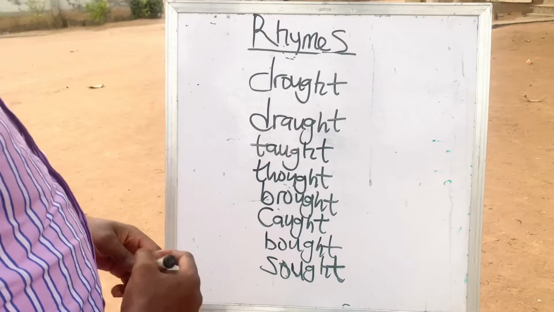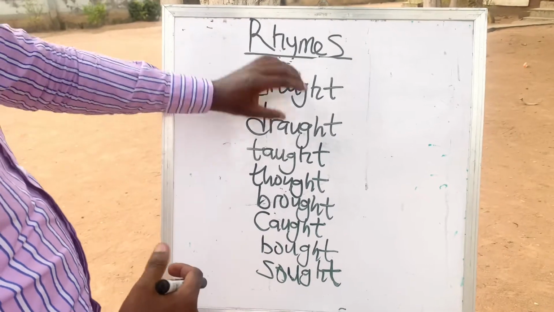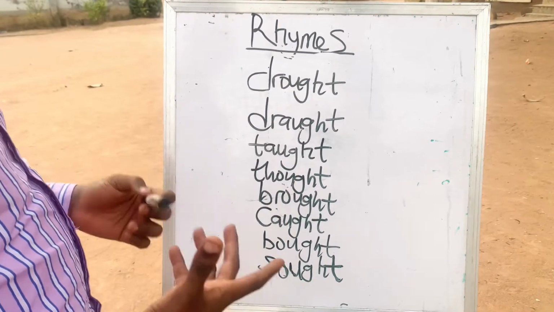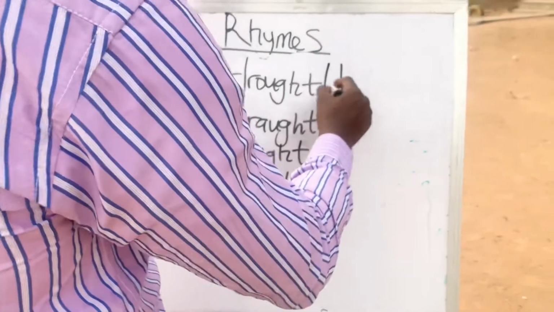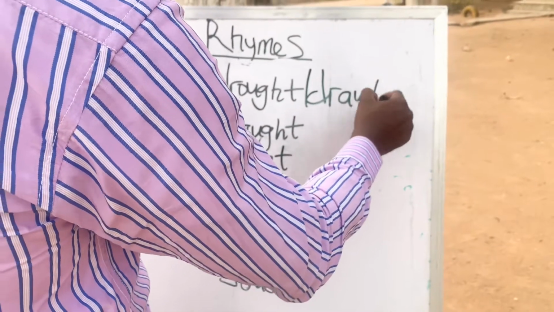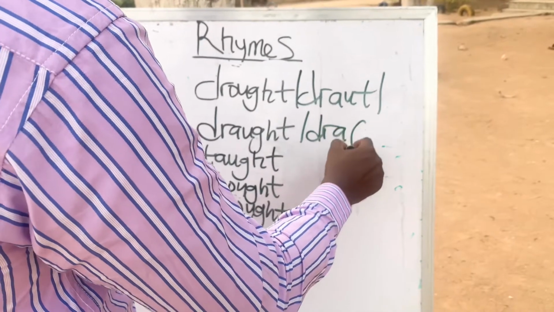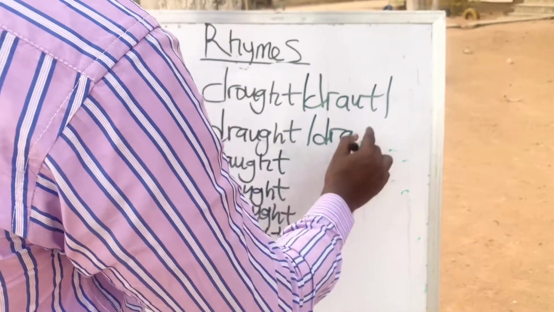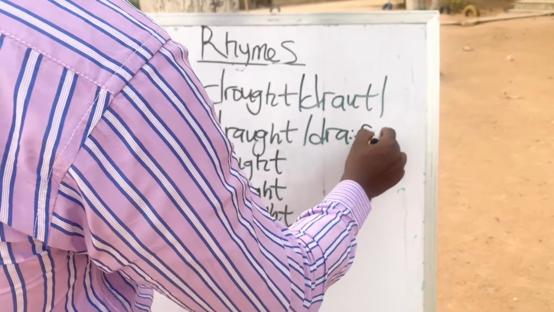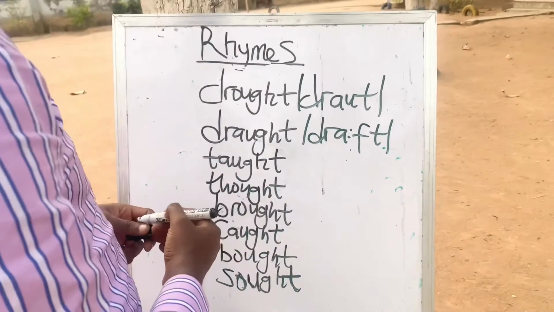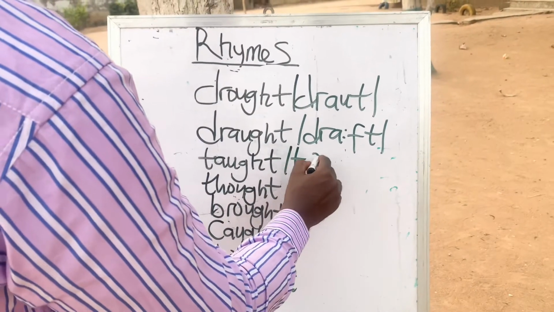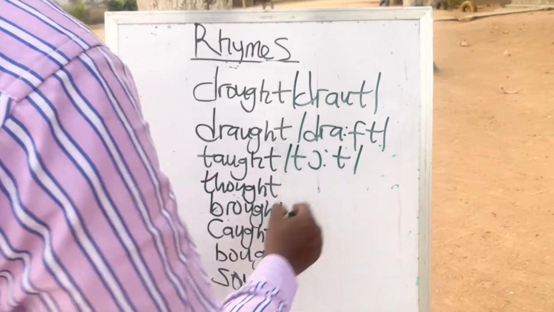So let's pronounce each of the words. The first one here is pronounced as drought. Now the second one is pronounced as draft. Forget about the spellings. Now the third one is pronounced as taught.